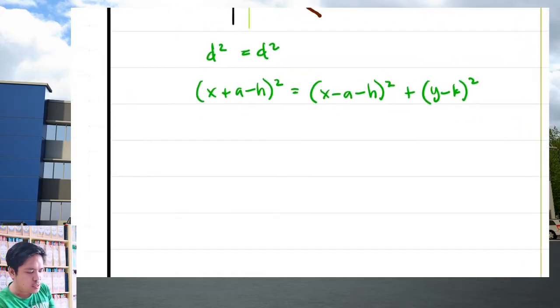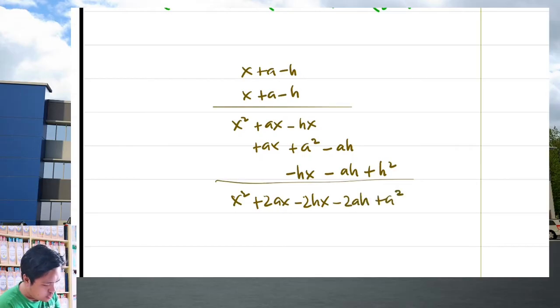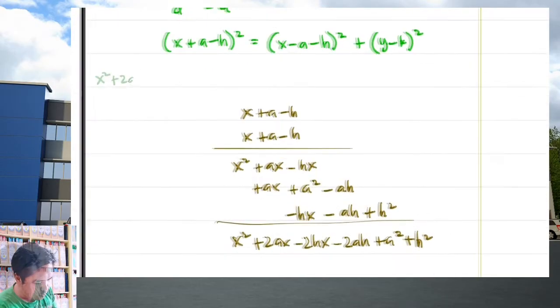Then let us simplify. So this would become x squared plus 2ax minus 2hx minus 2ah plus a squared plus h squared.